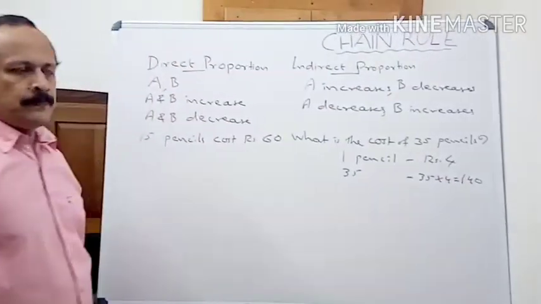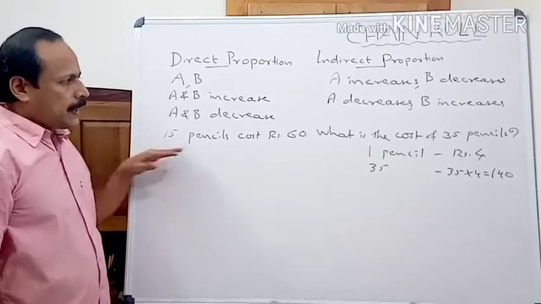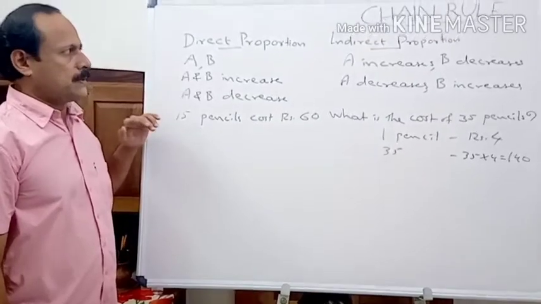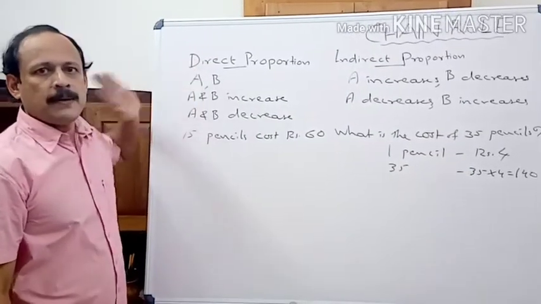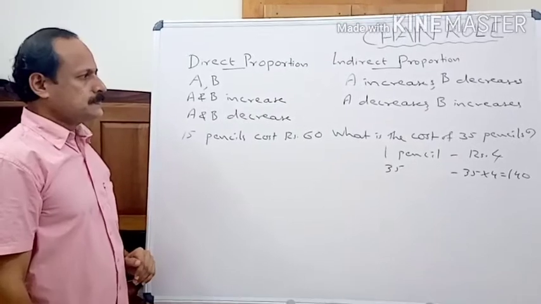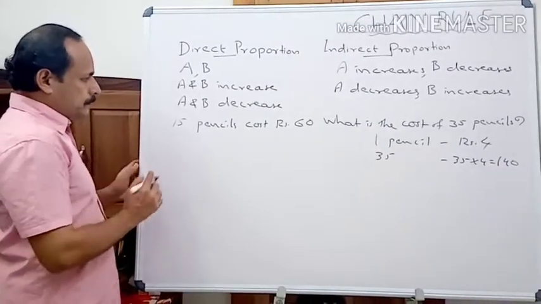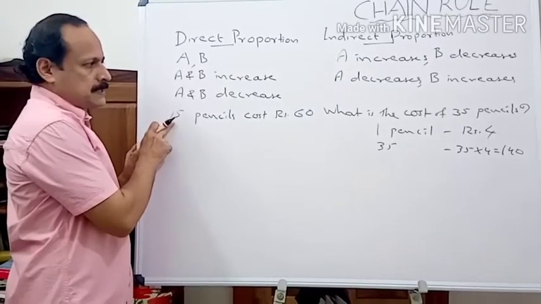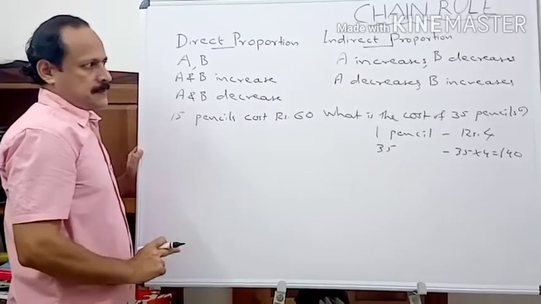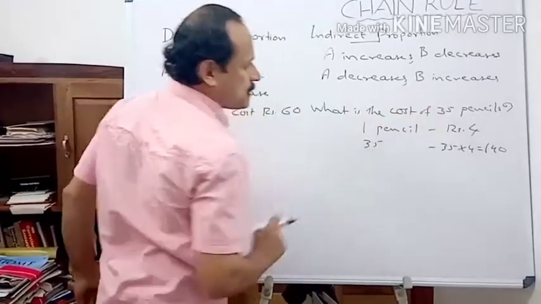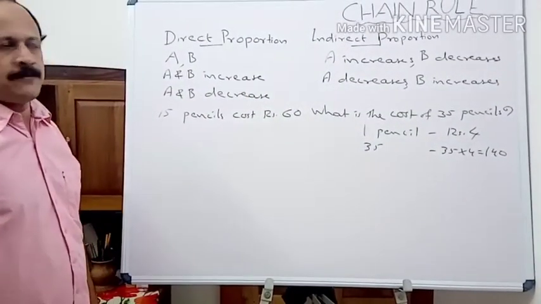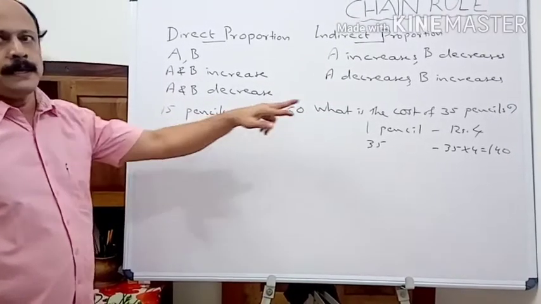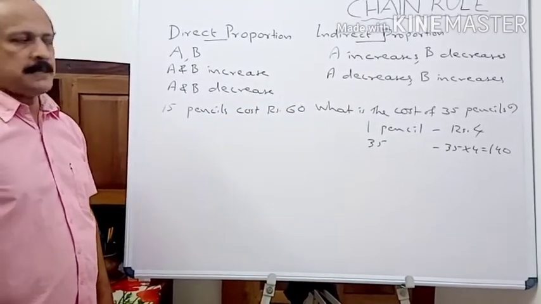A simple one. And let us see how this question can be solved using the idea of proportions. Here we consider first 15 pencils with the cost 60. Then consider 35 pencils and we have to find out the cost of 35 pencils. Here 15 pencils increases to 35 pencils.